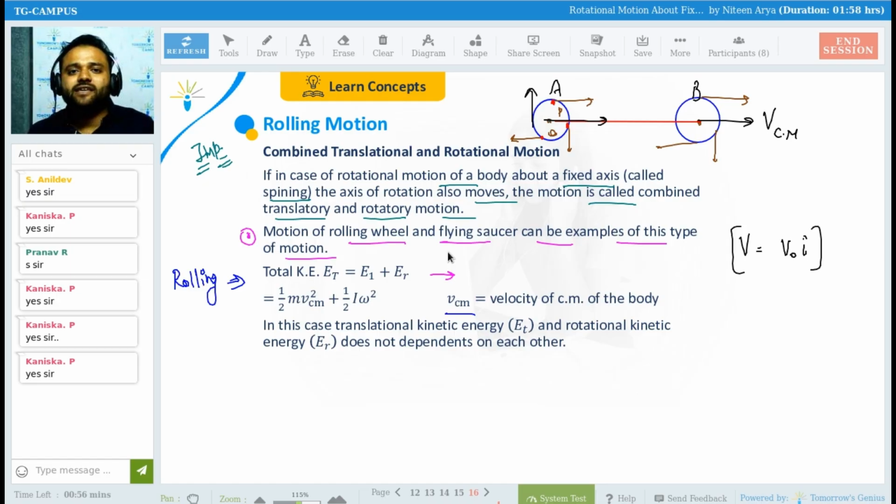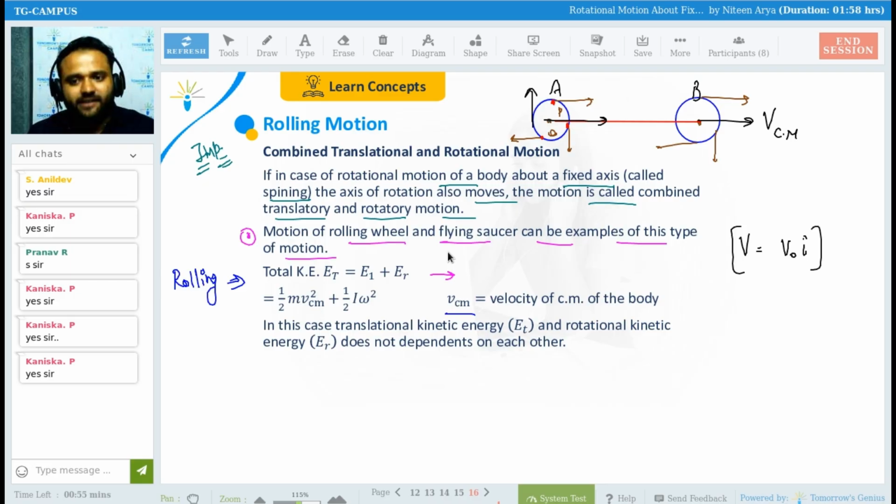But if an object doing rolling motion is not a symmetric shape, some arbitrary shape, which speed are you going to take for translation motion? That is nothing but the velocity of center of mass. Clear, everyone?